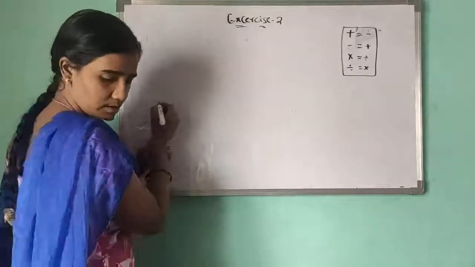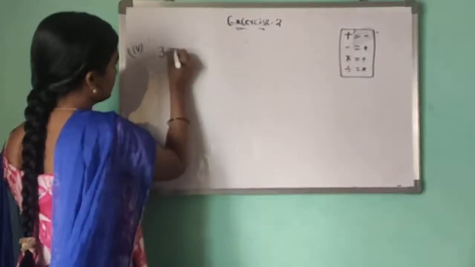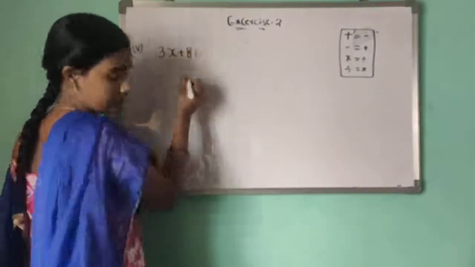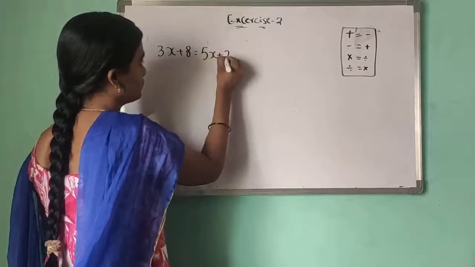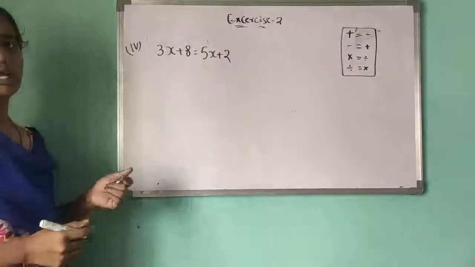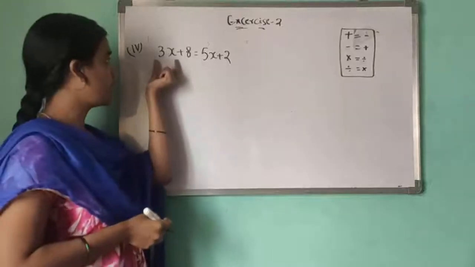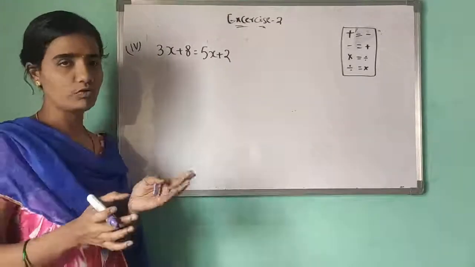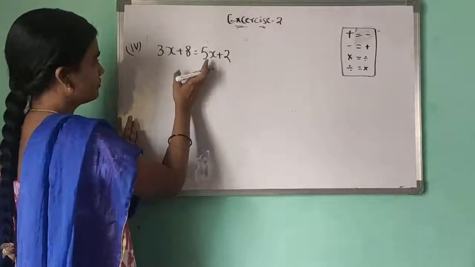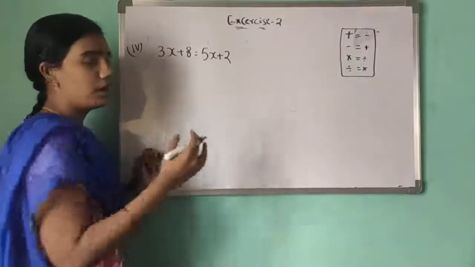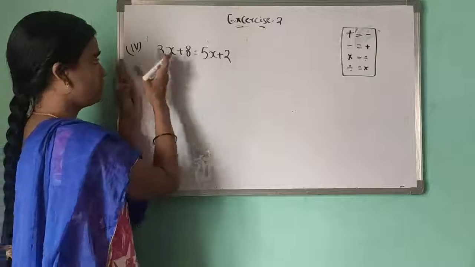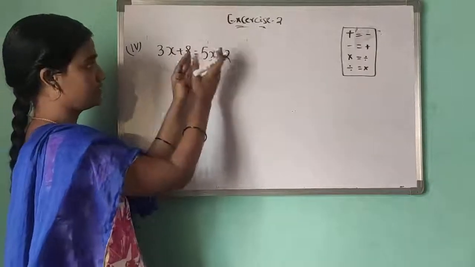Okay. Coming to the first one, 3x plus 8 equal to 5x plus 2. We have to find the x value. First, transposing these terms. I am writing the x values on one side, and the remaining numbers on the other side.